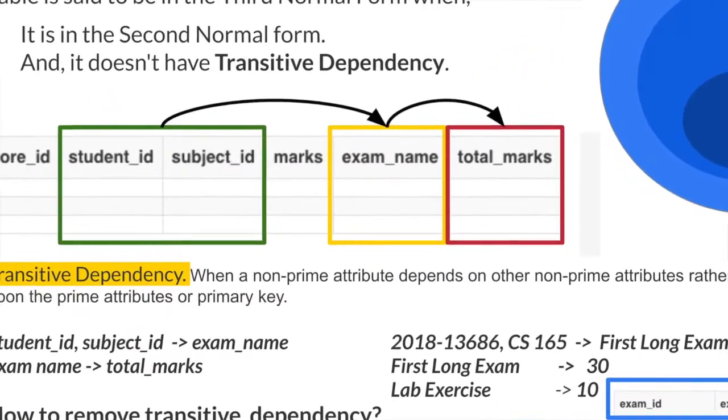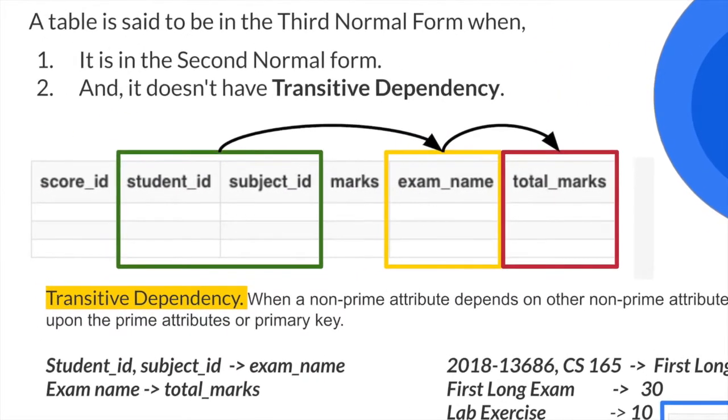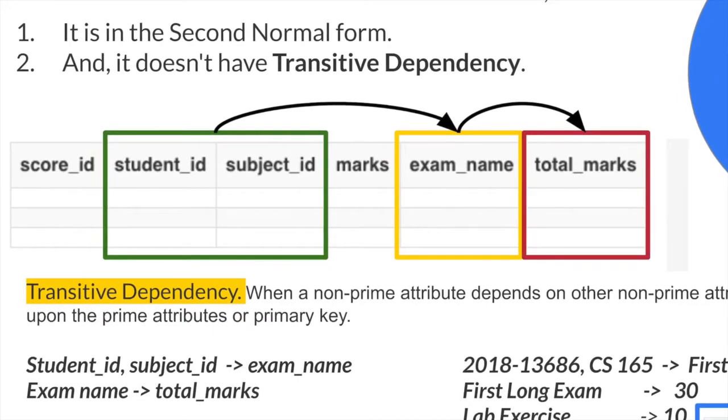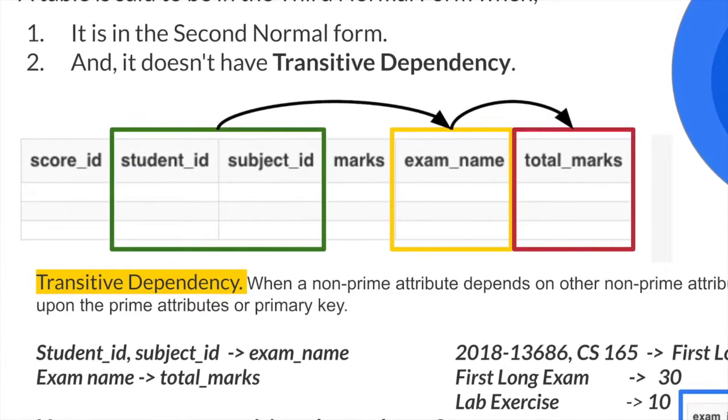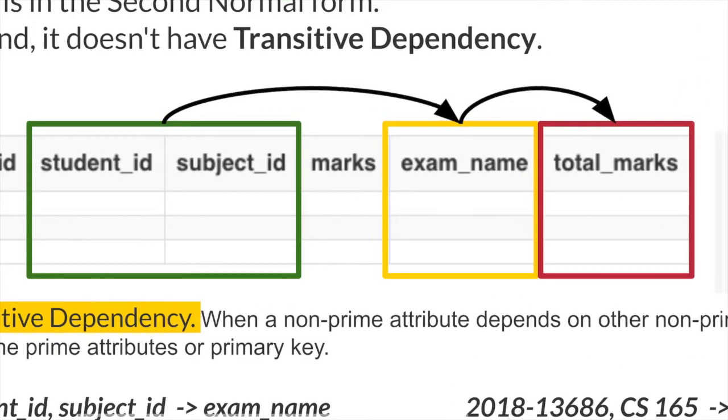Suppose we have this table and then we have the primary key in green rectangle. This is the functional dependency indicated by the arrow. So exam name is functionally dependent on the subject ID and the student ID.